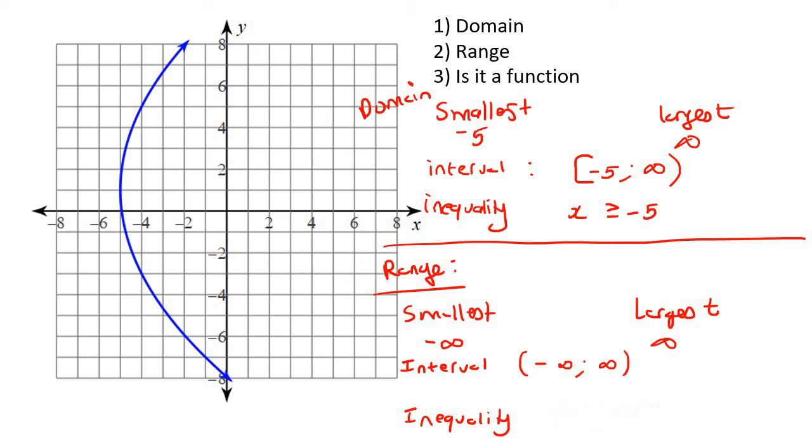You don't really do that. What your teacher will probably do is you'll just say all real numbers. So when it's negative infinity and then positive infinity, your teacher will just say all real numbers. That means that it can be any number.